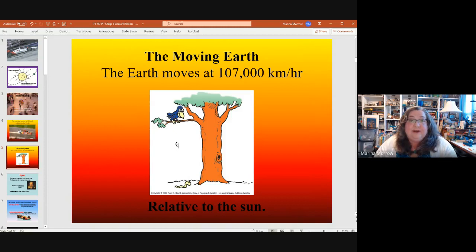So the crow doesn't have to flap its wings to fly at 107,000 kilometers per hour. It's already born with that motion, and inertia keeps it moving. So inertia is that resistance to a change in motion.